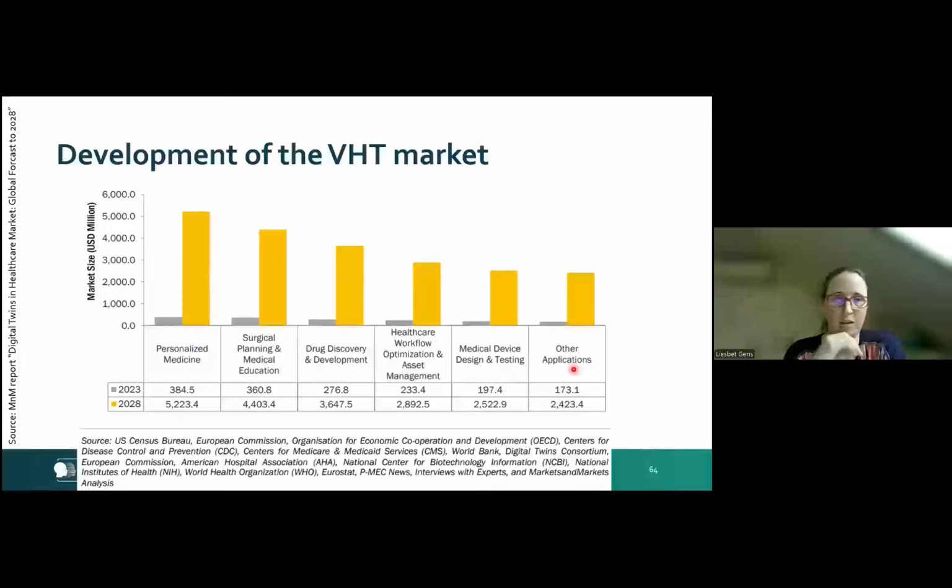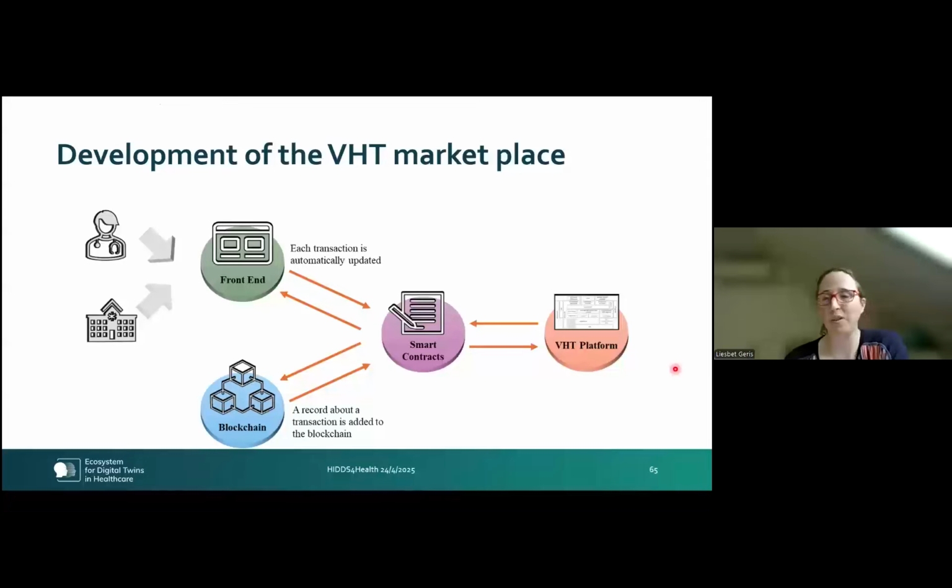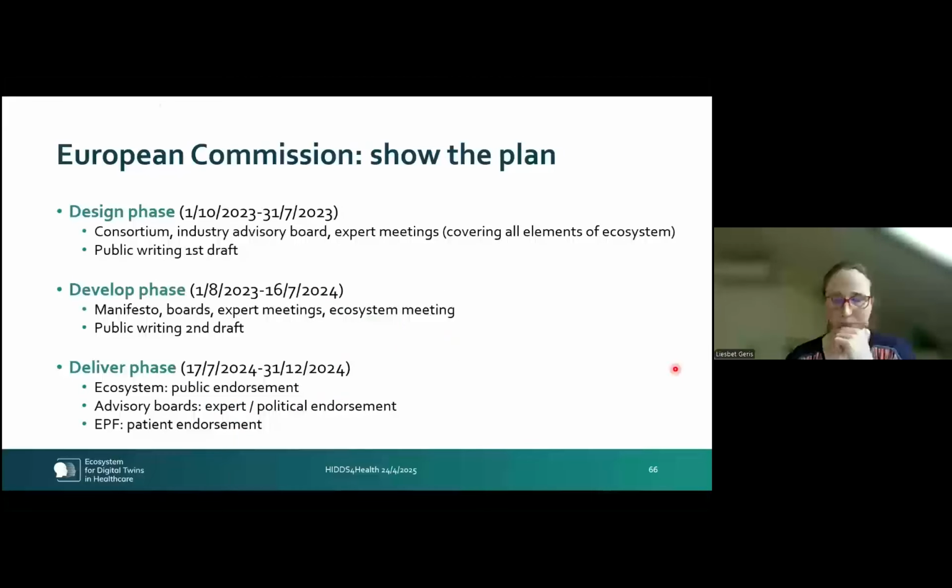It will be global, the same in the US as in Europe and the rest of the world. So there seems to be market potential. That means that if the European Commission is going to build this platform, they need to make sure that it can help create these services and assist companies, but that maybe the platform itself can also become a marketplace where services can be offered and used.